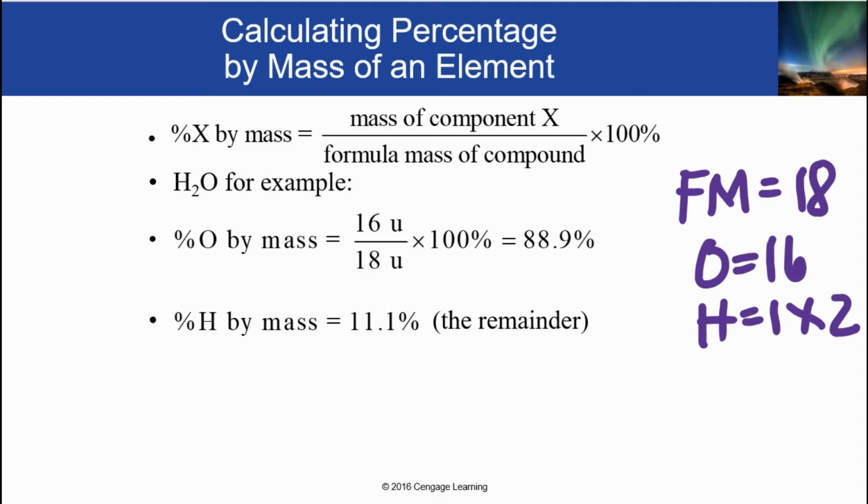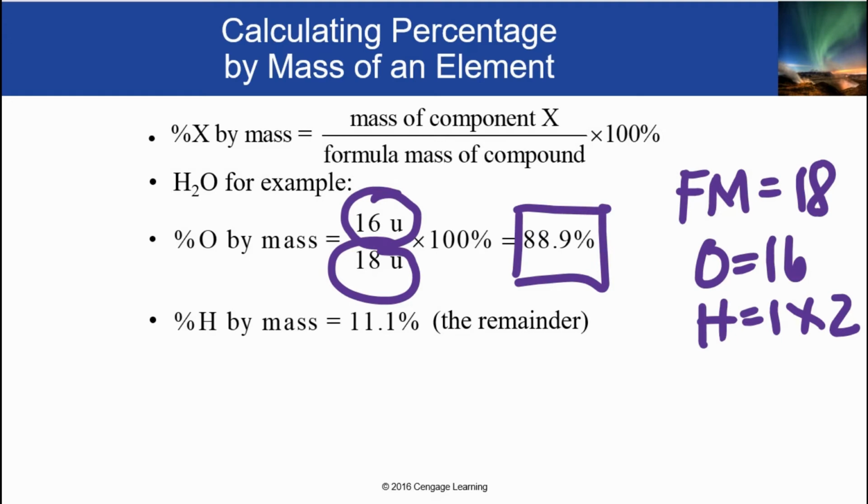At alam din natin na ang oxygen ay mayroong atomic mass na 16. So, ang gawin natin, katulad ng ginawa natin dito ay 16, ito yung atomic mass ng oxygen, divide natin sa formula mass ng water, which is 18 times 100%. So, we will get the answer, 88.9%.